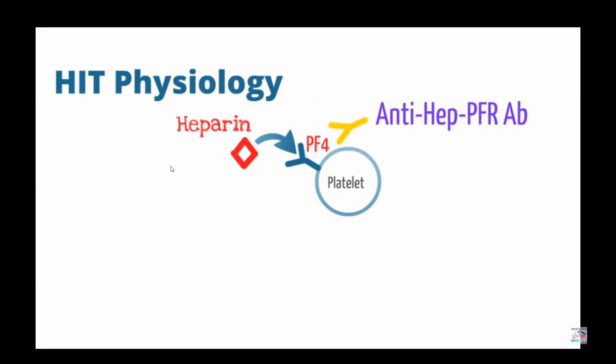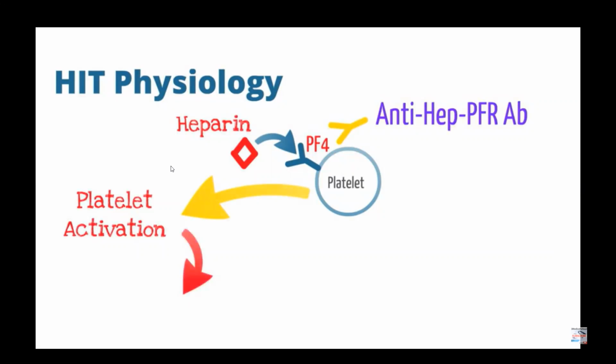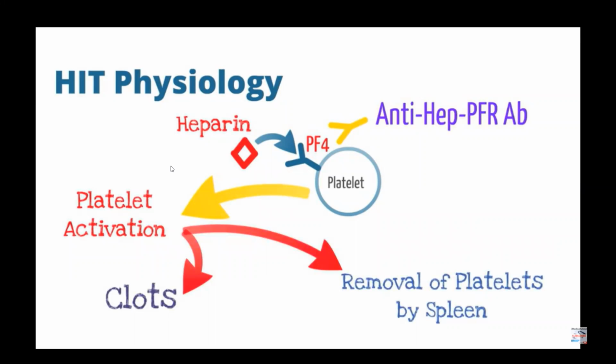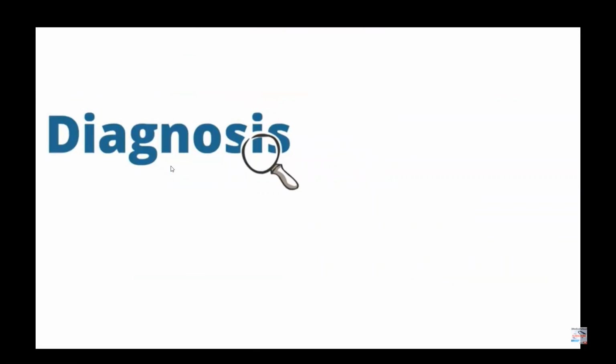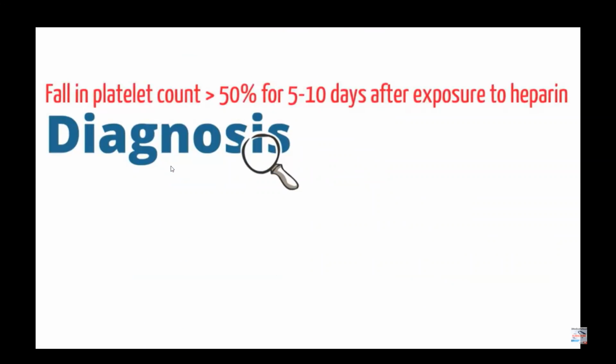This antibody binds the heparin platelet factor complex. The heparin PF4 antibody, when bound to its target, can activate other platelets. So the activation of platelets can lead to thrombi or clot formation, as well as consumption of these platelets by the body.